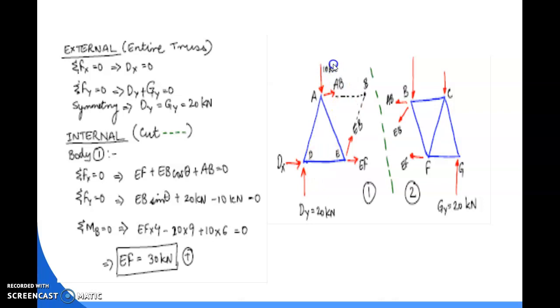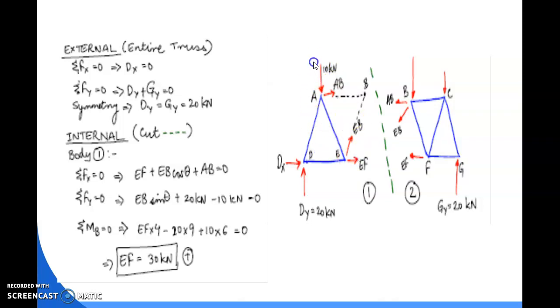So the rest is 10 kN, Dx, Dy which is 20 kN, and EF. Now we know that the Dx value is 0, so that whole term will be 0. So only Dy, FEF and 10 kN we calculate the moment for.